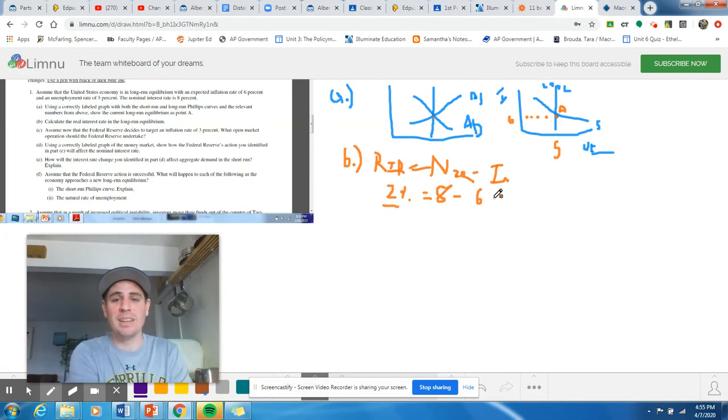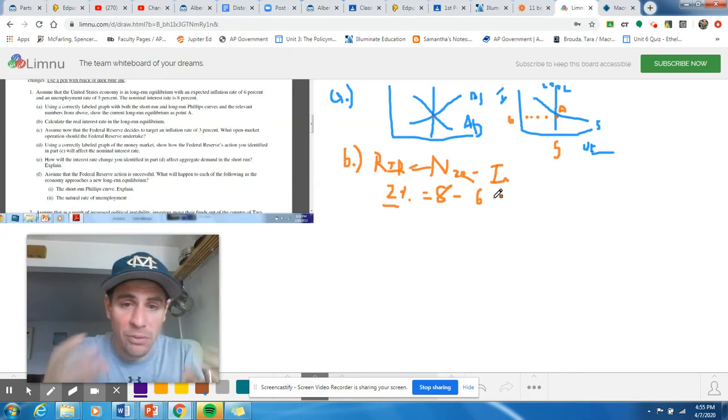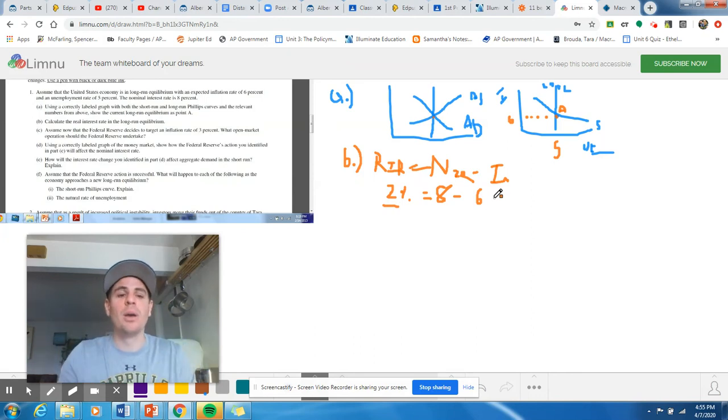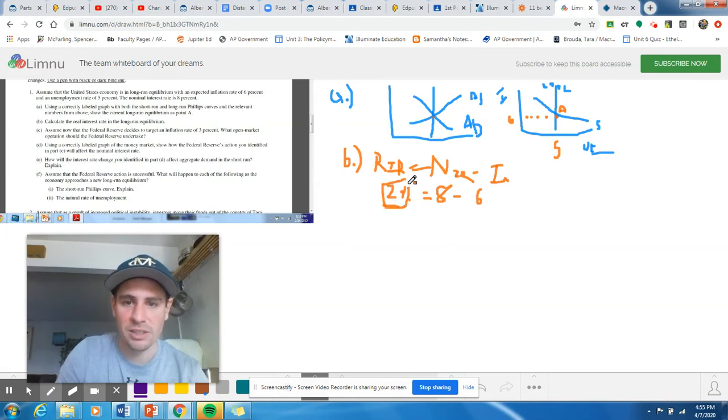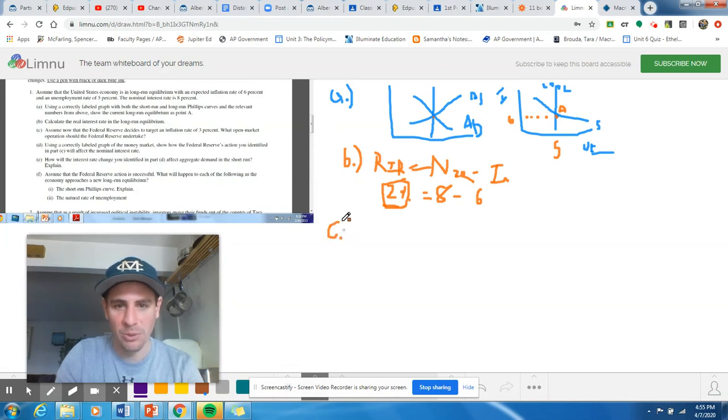The real interest rate is negative. Remember, does inflation help lenders? No, it doesn't. It helps borrowers. So that's kind of conceptually why that answer is. So the answer there is 2, and I'm just going to box this because I want to make it look more confusing.